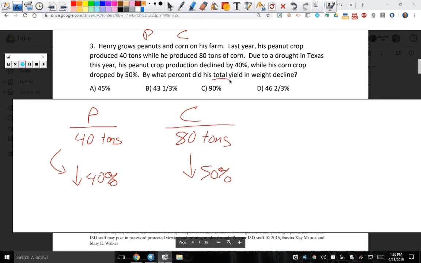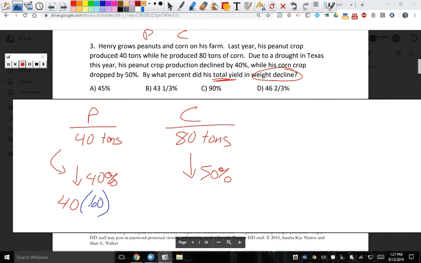Help him out, someone. Go ahead, Jack. Would you multiply the 50% and 40% together respectively? So here we go. 40 tons will be multiplied by a drop of 40%, and guess what I'm going to put in the parentheses? 0.6.